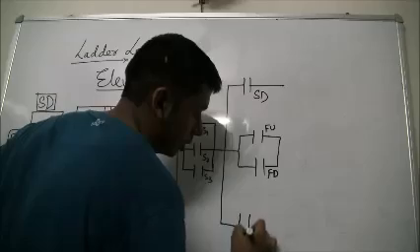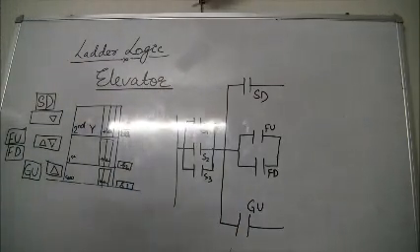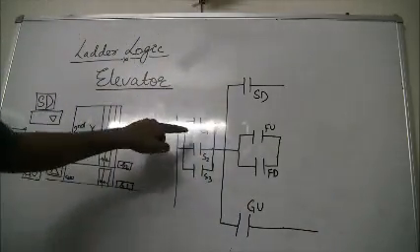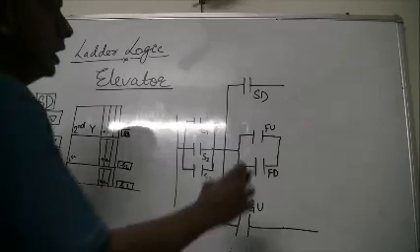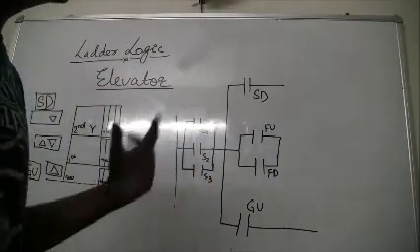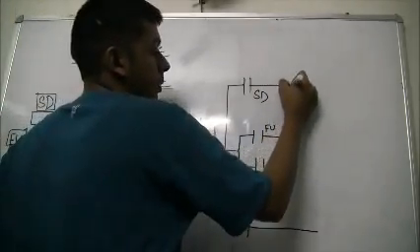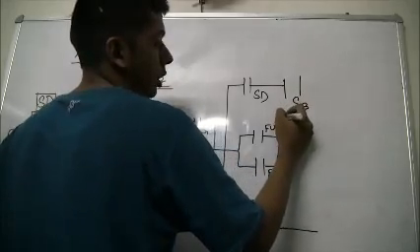And then here comes the ground up button. That means we are pressing the up button on the ground floor, right? Now, it checks S1, S2, S3, and there it goes, right? Now, in case the motor is already on the second floor, so it would be this case S3, right?